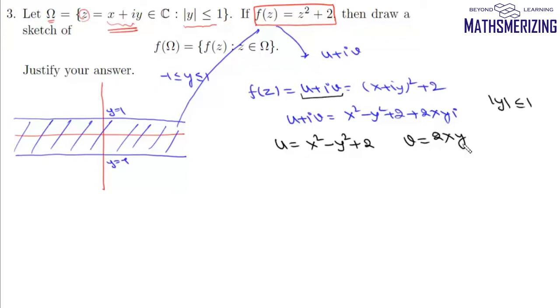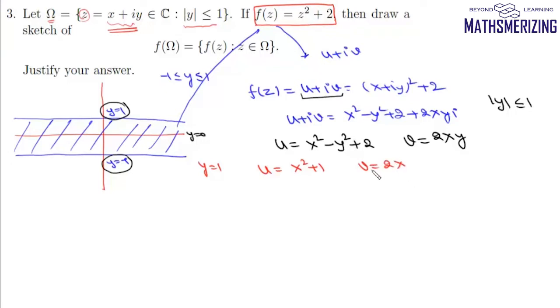Now the condition given in the question is this mod of y is less than or equal to 1. Now what we'll do is we'll begin with the boundary cases. The boundary cases are when the value of y is 1, when the value of y is -1, and also when the value of y is 0. So when the value of y is 1, in that case u will be x square plus 1, and v will be 2x.